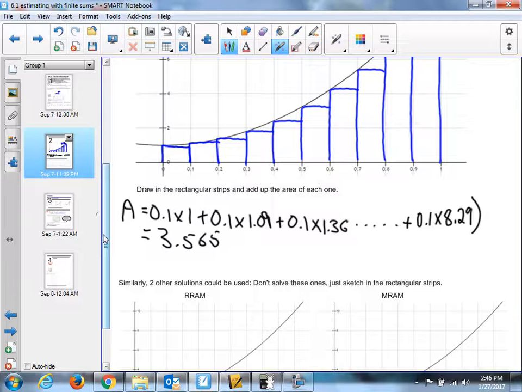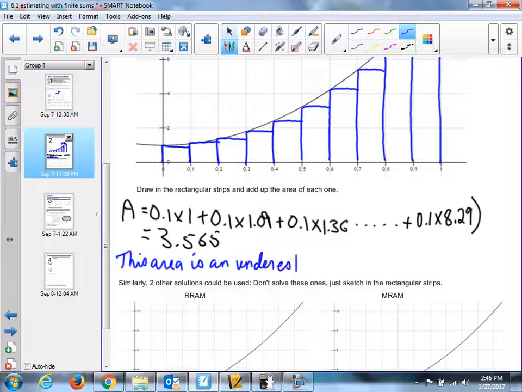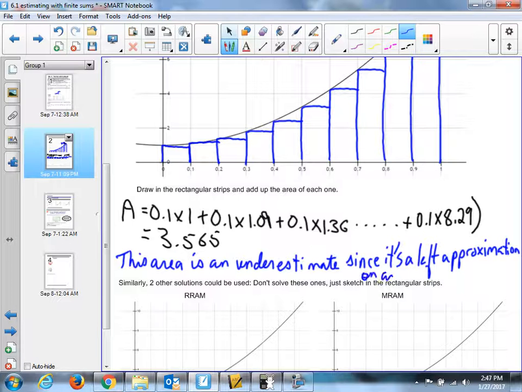So I want you to write this down even though it wasn't asked for. This area is an underestimate, since it's a left approximation on an increasing function.